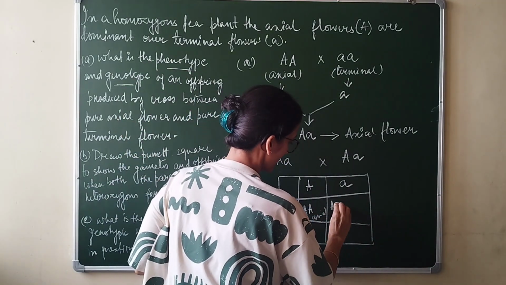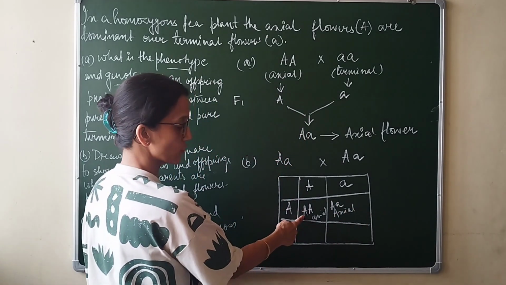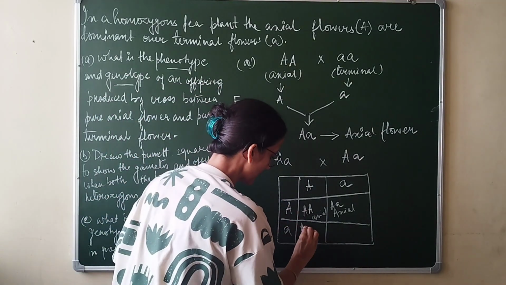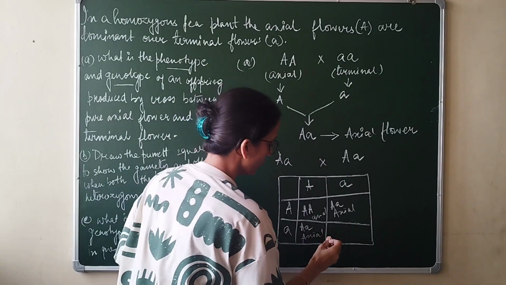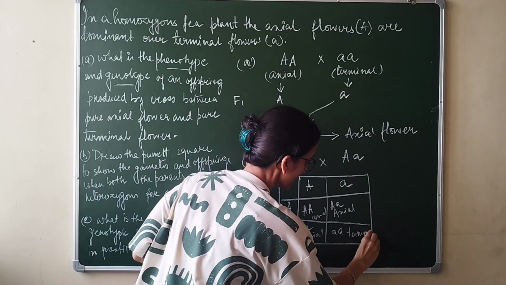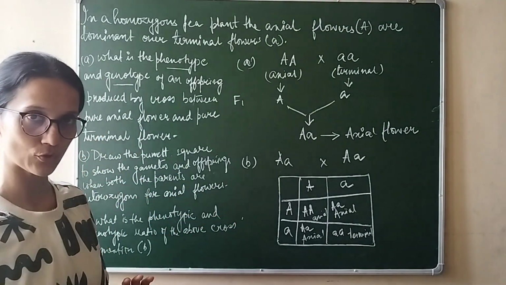The second one, capital A, small a, again axial. But what is the difference? This is homozygous axial and this is heterozygous axial. Third, capital A, small a, again heterozygous axial. And fourth, small a, small a, which is terminal, homozygous terminal. So this is question number B. This is how you have to solve.